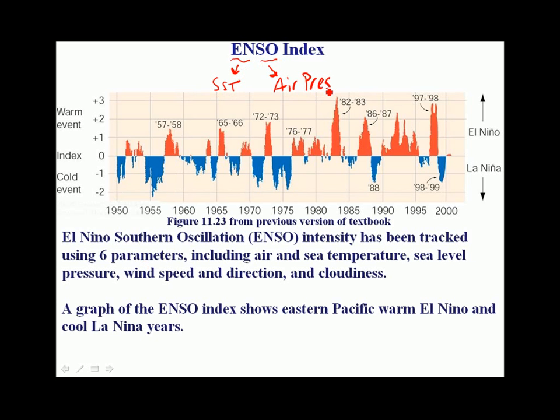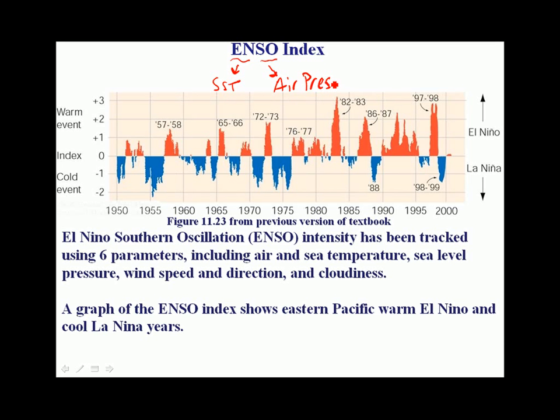Again, El Nino Southern Oscillation is the interaction of sea surface temperatures with air pressure. Because the differences in pressure over Australia and over Peru is what drives the surface winds.